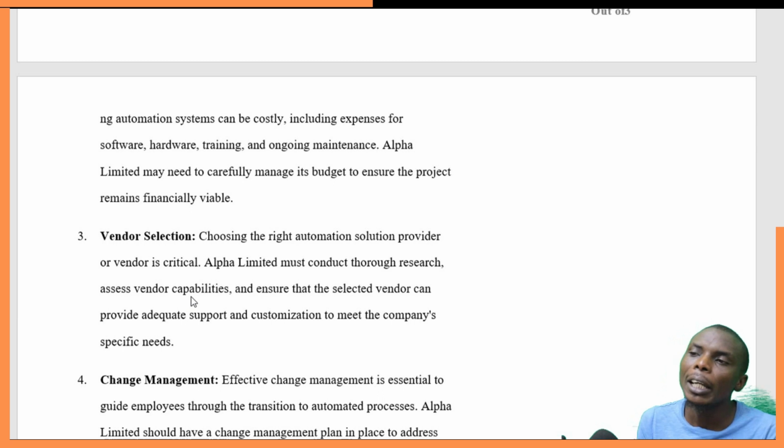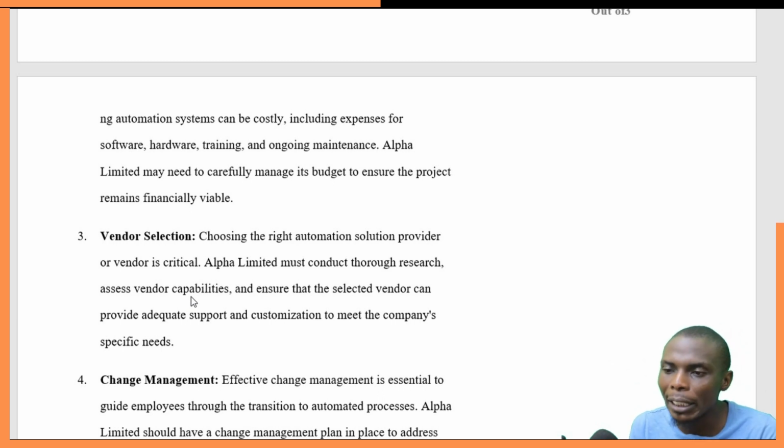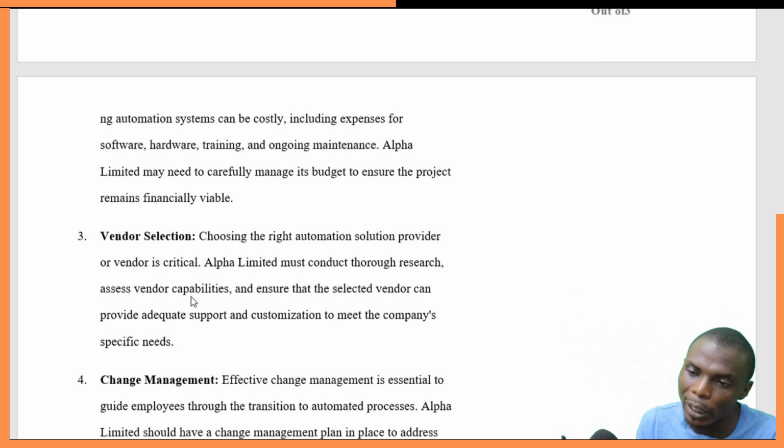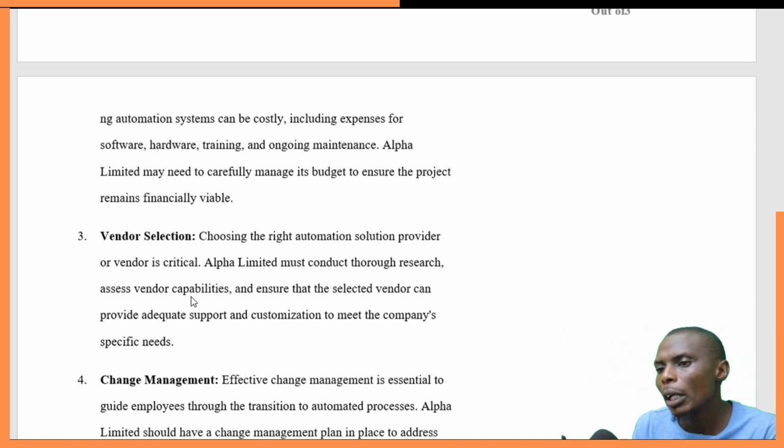Because if they select a vendor that will give an automation software that will not meet the objective of this organization, then there will be nothing done. In short, there will be less result.